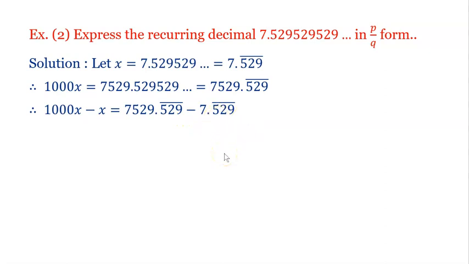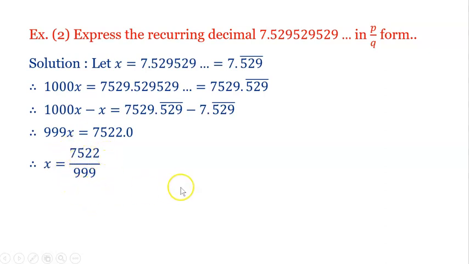7.529 bar. Now these two recurring terms will get cancelled, that is 7529 minus 7, then you will get 7522.0. 1000x minus x gives 999x, and hence x equals 7522 upon 999, and this is in the form P upon Q, and hence we can express 7.529529... in P upon Q form, that is 7522 upon 999.